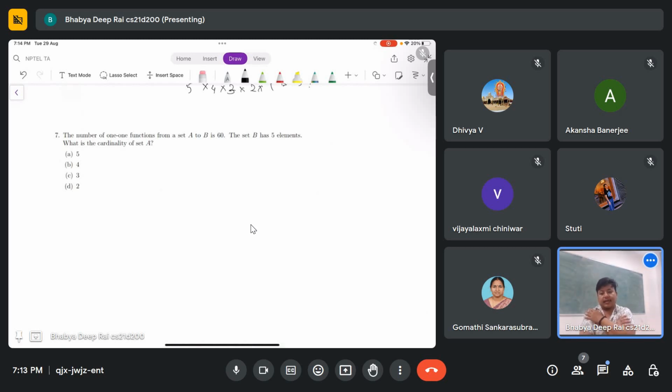These are the different 1-1 functions I can create from A to B, and I'm given the cardinality of the set B. I'm told set B has 5 elements. What is the cardinality of set A? Any idea now to solve this one?